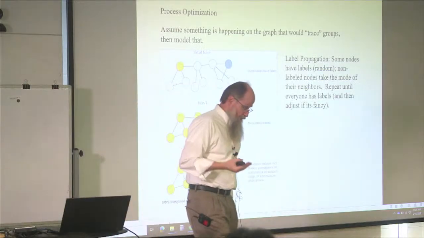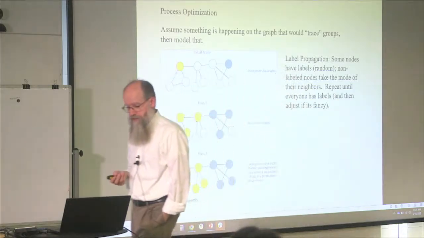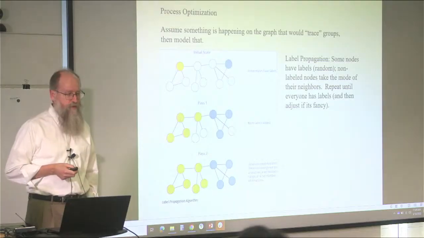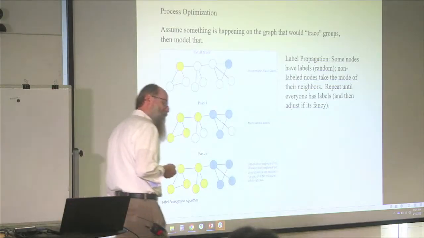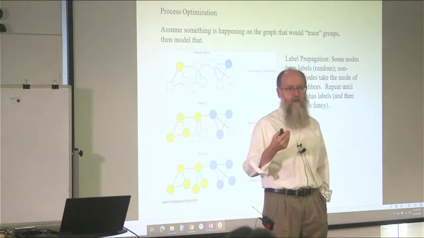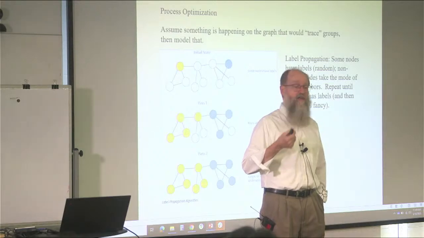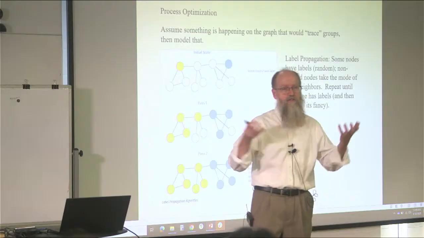There's a third version, which I'm particularly fond of, particularly for social sciences, which I refer to as a process optimization model. It says, well, why do you care about these clusters? What are these clusters doing for you? Well, let's simulate that process on your network and identify nodes that are the same at the end of the process you're trying to do.